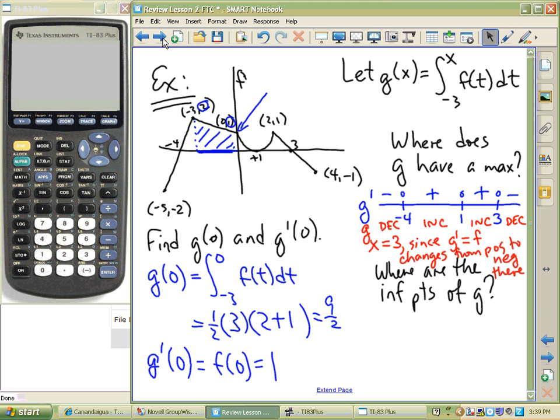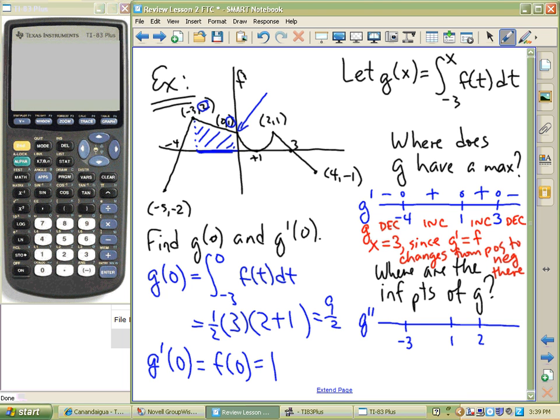Where are the inflection points? Well, the inflection points, that depends on G double prime. G double prime depends on f prime. We need all those places where f prime changes. And f prime changes at -3, and then f prime changes again at +1, and then f prime changes again at 2, and that's all she wrote.